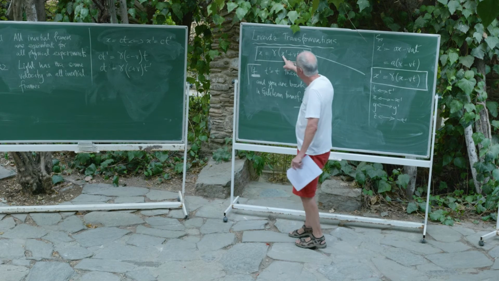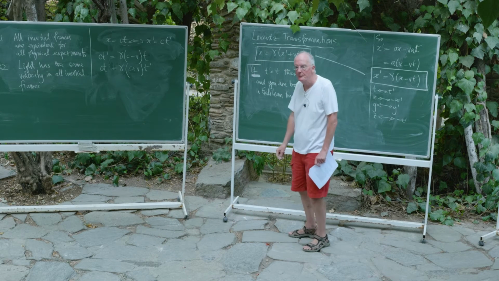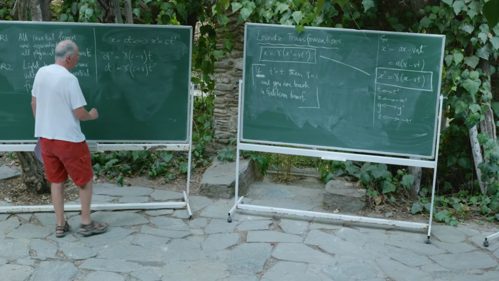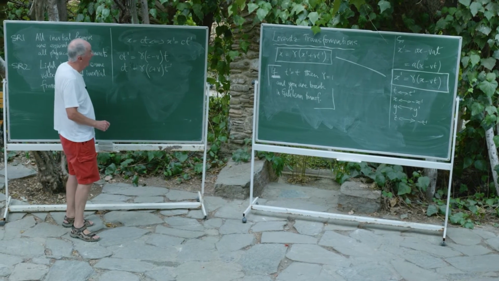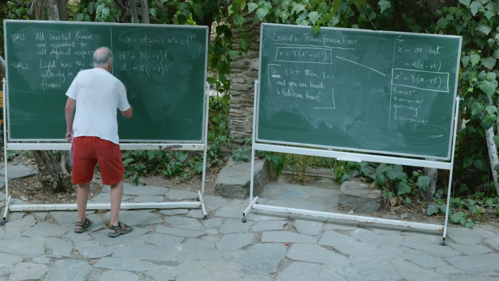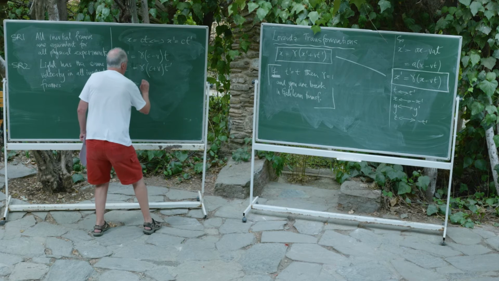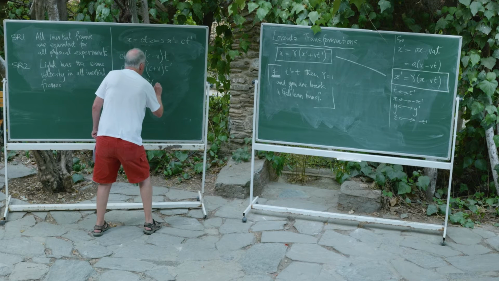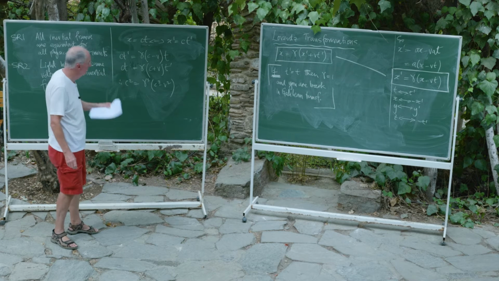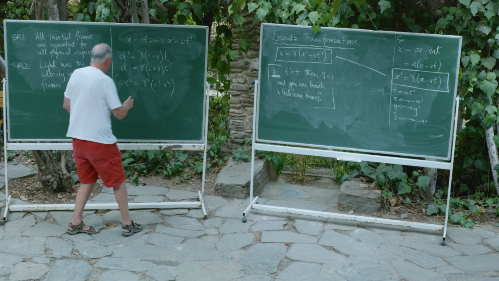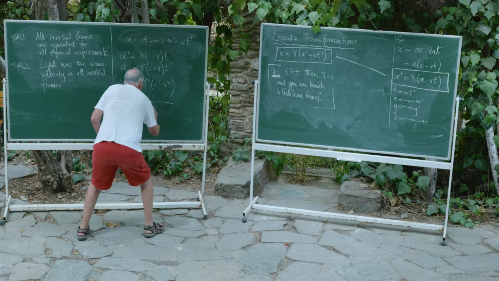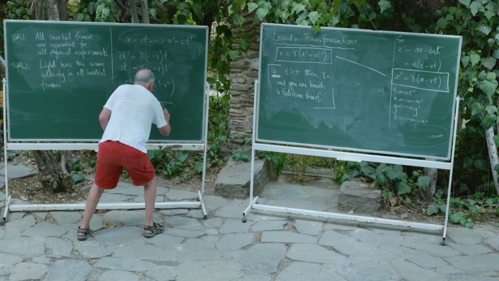So that's ct dashed and that's ct. Now you look at these two equations and you multiply them and strike out the common t t dashed. So you get c squared equals gamma squared (c squared minus v squared). And if you play with that for a moment, you find that gamma is 1 over the square root of 1 minus v squared over c squared.